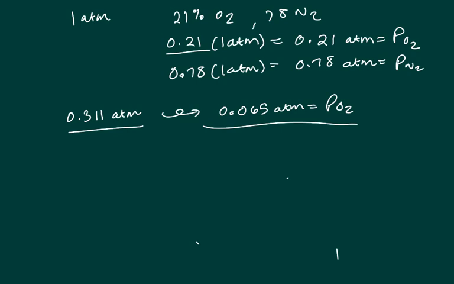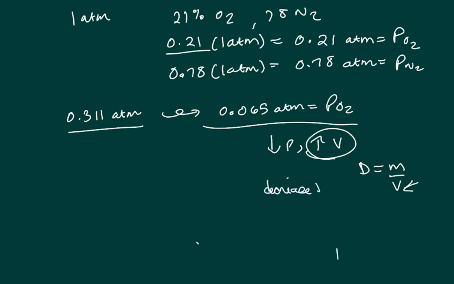Because we've decreased pressure, we increased volume. And if we increase volume, remember that density is mass divided by volume. If you increase the denominator here, then what have you done? You've decreased the density of the air. And that decreased density in air will result in less oxygen getting into your lungs.